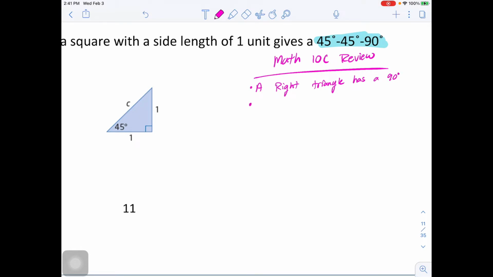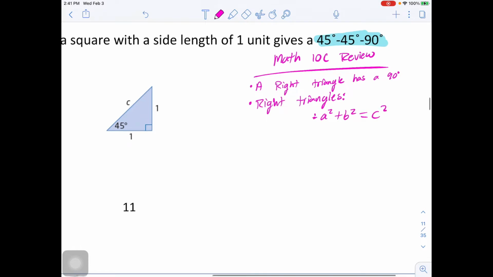And as soon as you're dealing with right triangles, you can do a few things. You can use Pythagoras, so a squared plus b squared equals c squared, where c has to be your hypotenuse. Hypotenuse. I always spell that wrong. Pretty bad for a math teacher, but whatever.